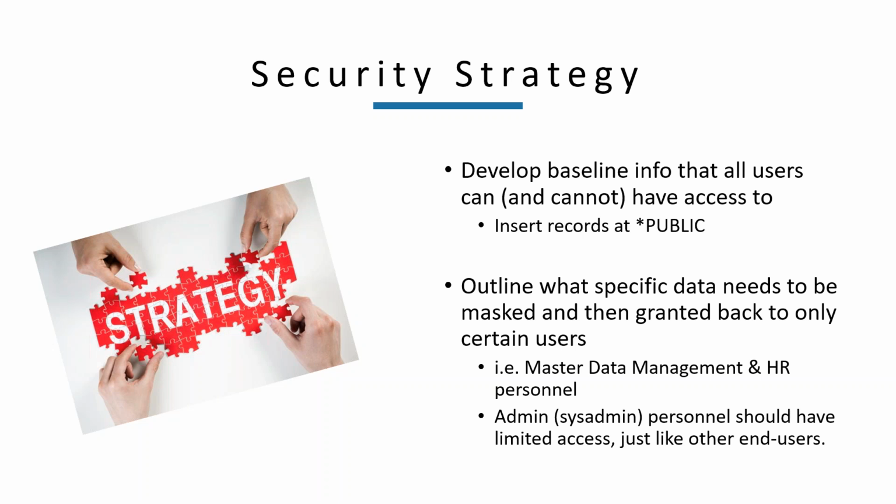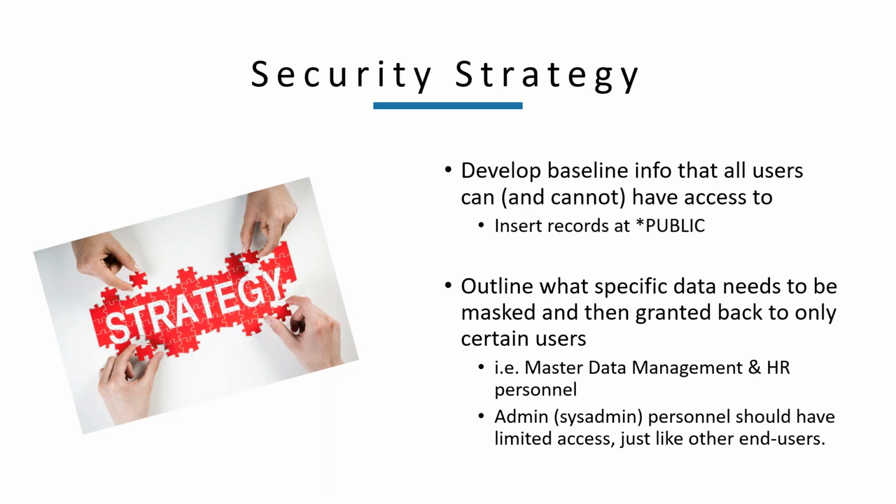You then have the base layer of saying, okay, they can see, you know, gender, maybe a phone number, and that's about it. It depends on what you have at Star Public, but again, Star Public is a huge record. Outline what specific data needs to be masked, and then grant back to only certain users.